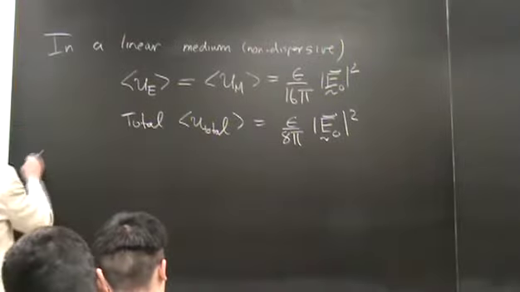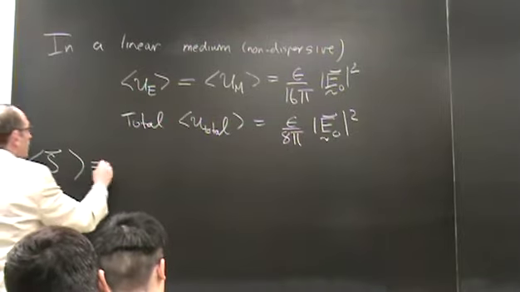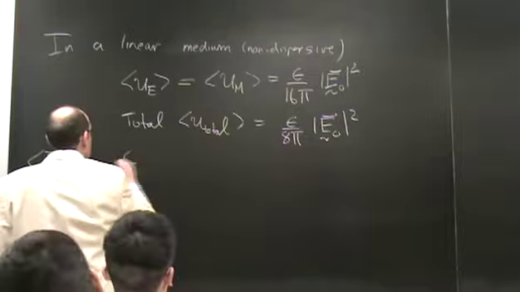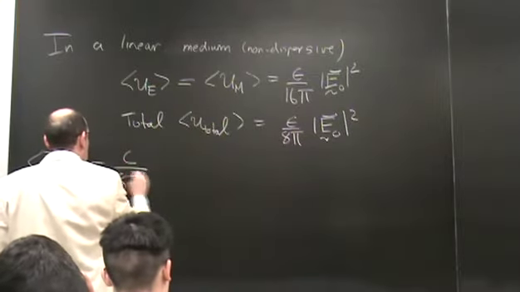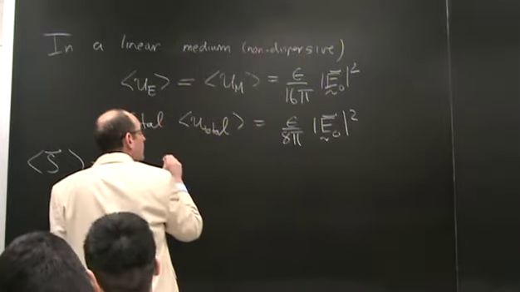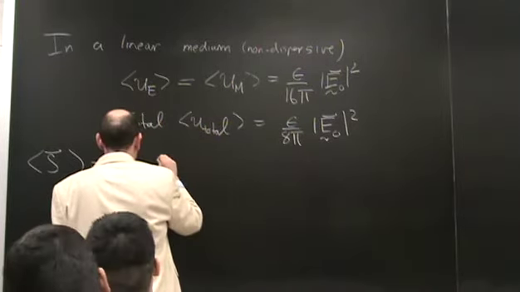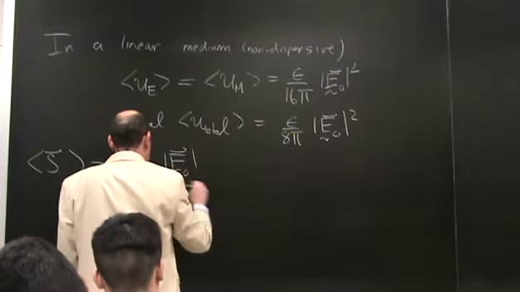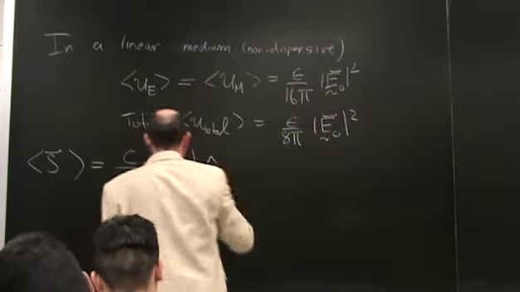So if we look at the time average Poynting vector, which we said was equal to c over 8 pi times E naught squared over z in the direction of propagation.